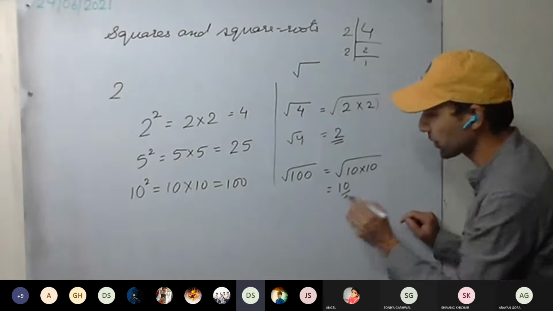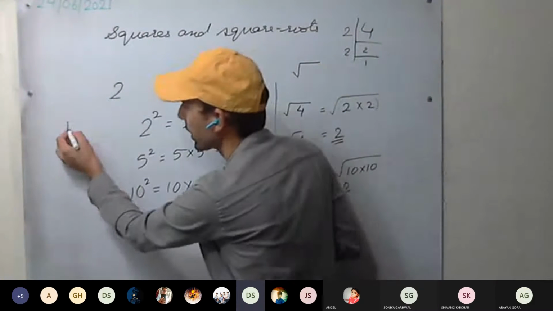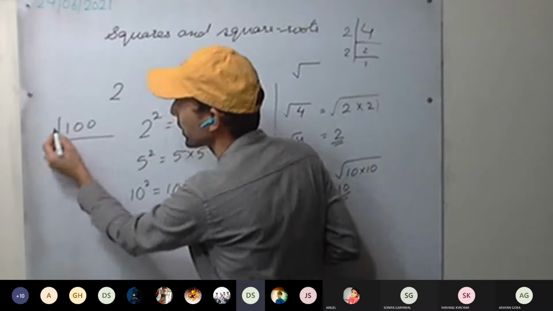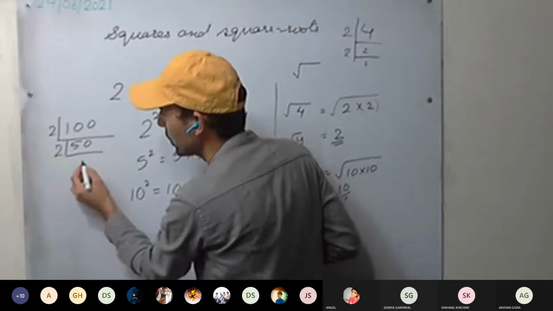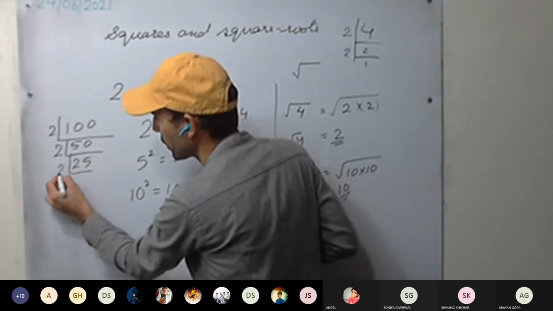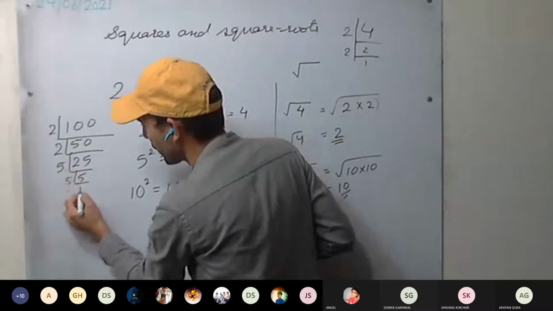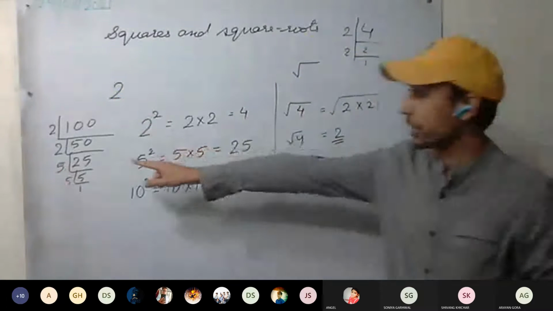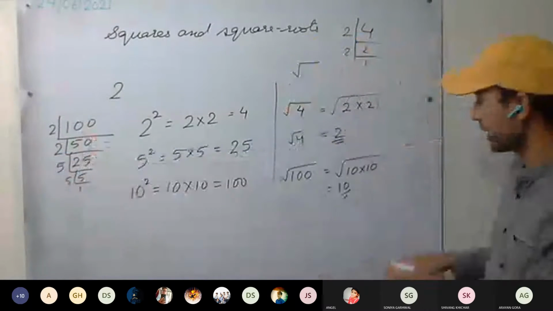Or if you don't know how to calculate it, factorize 100: 2, 50, 2, 25, 5, 5. So what are the prime factors? 2 into 2 into 5 into 5 will give us 100.